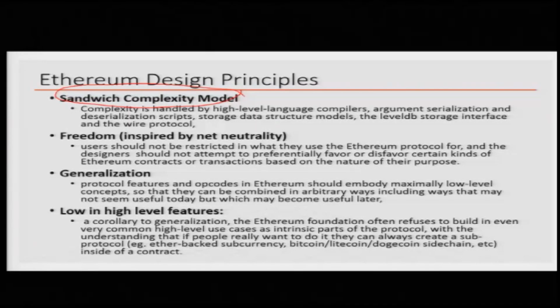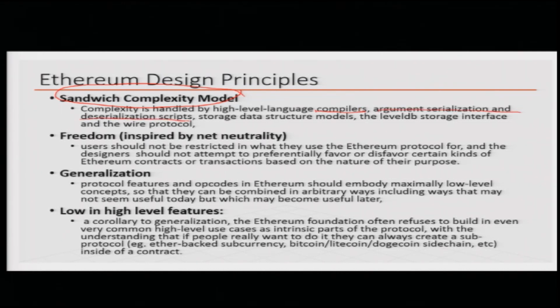Complexity is handled at the high level with the Solidity language, the language compiler, and argument serialization and deserialization scripts. When you have complex data structures as arguments in a function call in a smart contract, they have to be serialized because they traverse the network.